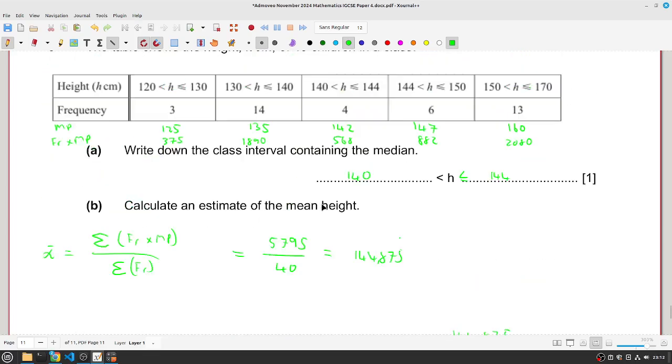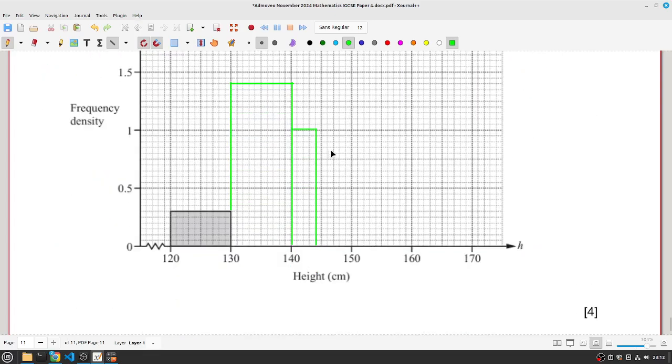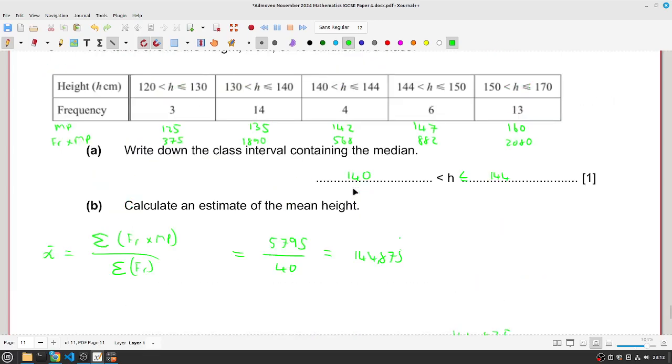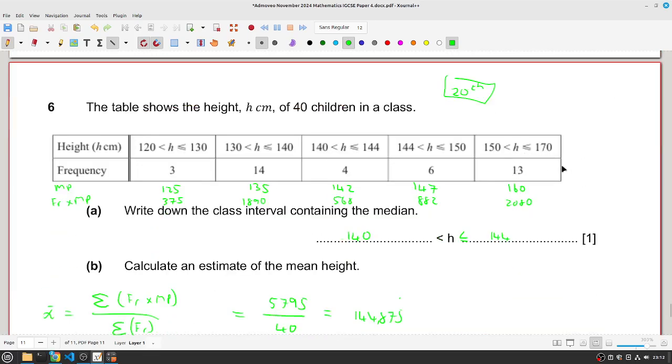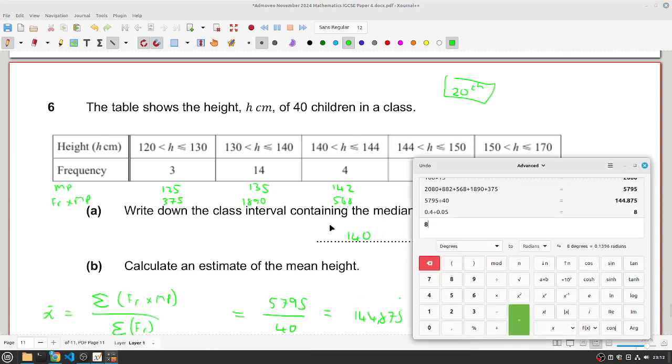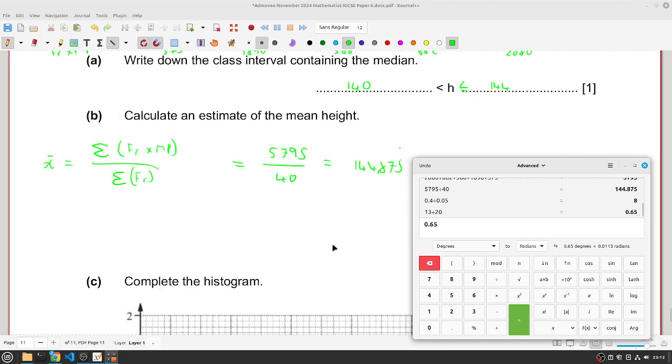Next interval, 144 to 150, is another 1. Then 150 to 170 is 20 wide, so 13 divided by 20 is 0.65.